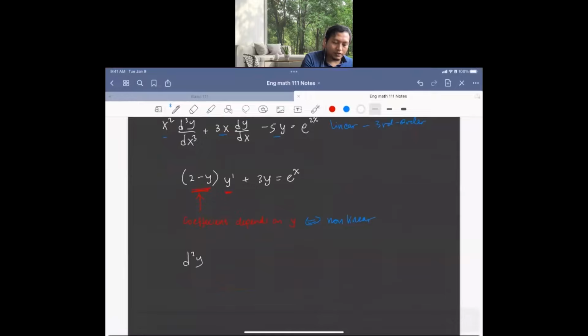And if we have, as I told you, something like sine y, we call this a nonlinear function, so it's making it nonlinear.